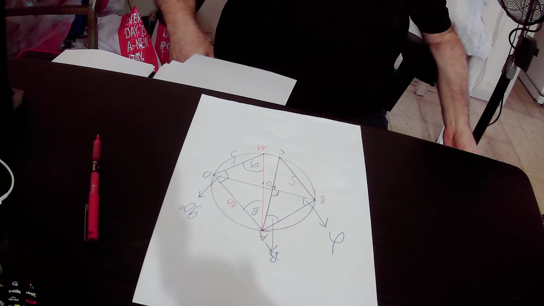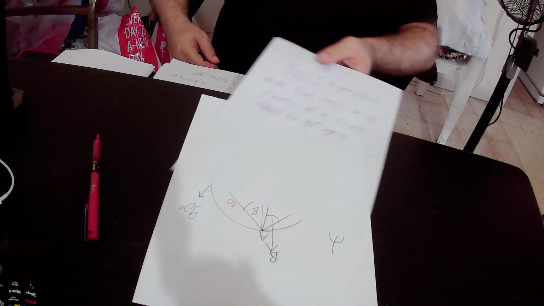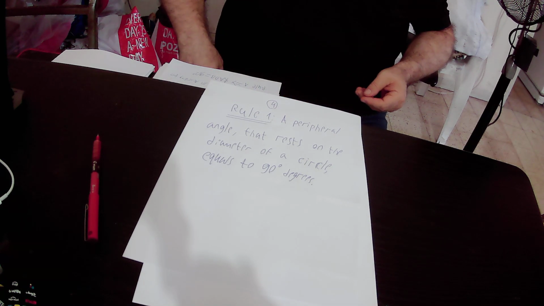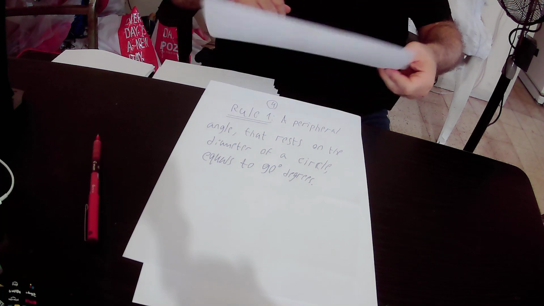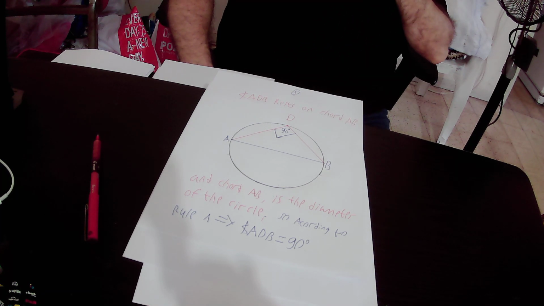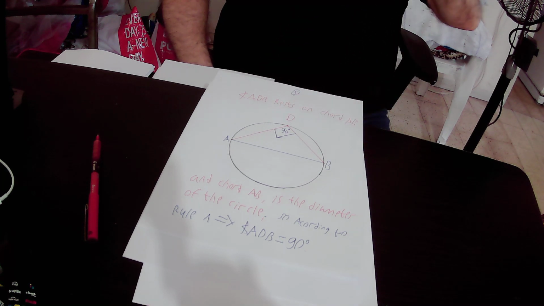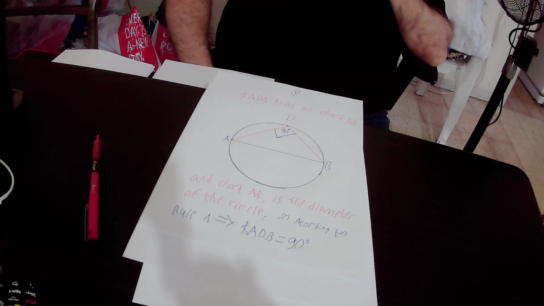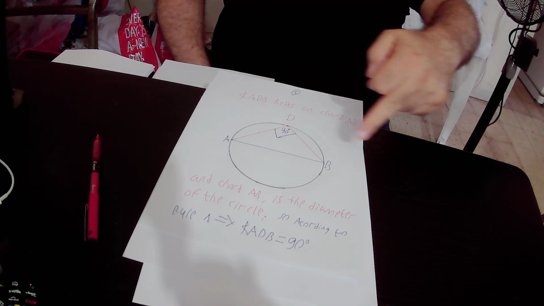Okay, we also have rule number 1 that states that a peripheral angle that rests on the diameter of a circle equals 90 degrees. So if we have a peripheral angle ADB, and suppose that chord AB is the diameter of this circle, then angle ADB rests on the diameter.